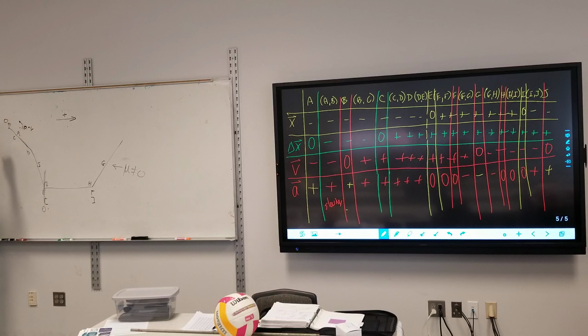At B, it's 0. Then it speeds up again, so whatever it lost here, it would gain here, so that's positive 10 meters per second. It's still speeding up, so we'll make that 15 meters per second. Still speeding up, and so let's say it's going at 20 meters per second when it gets to there.